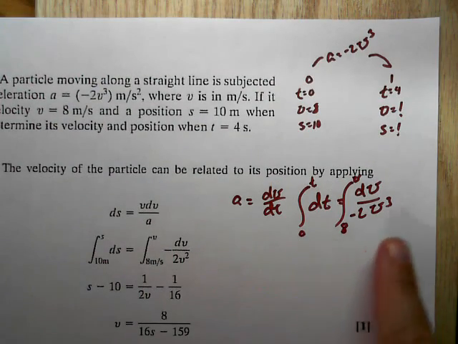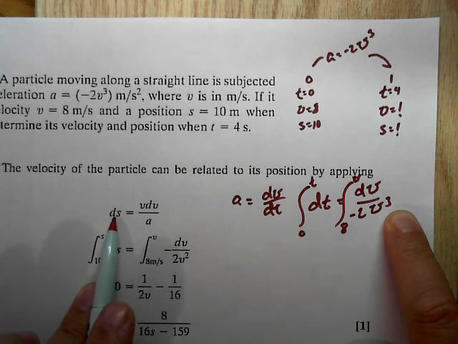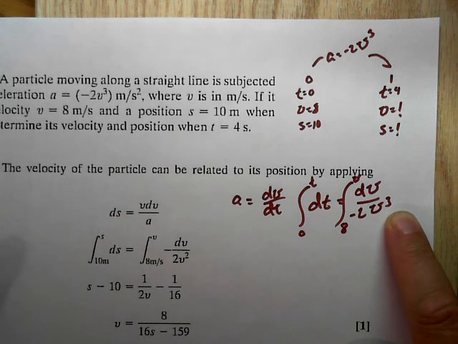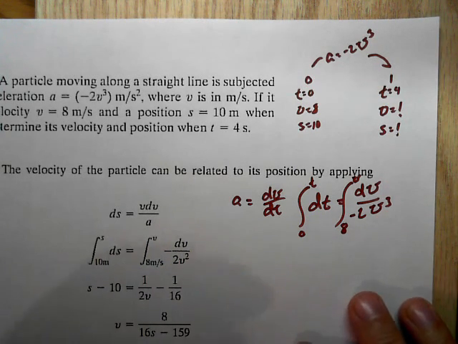Now, this is very doable. We can integrate this thing. The only maybe interesting issue is v is cubic in the denominator, and that's slightly more complicated than what we get when we go with the a ds equal v dv form. So I'm not going to carry this one any further, but it's a perfectly viable alternative.